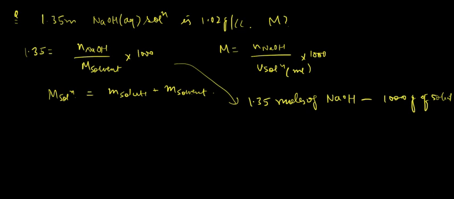Now the molar mass of NaOH is 23 plus 16 plus 1, so you can calculate the mass of NaOH.